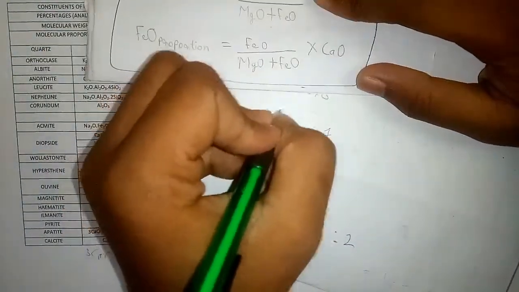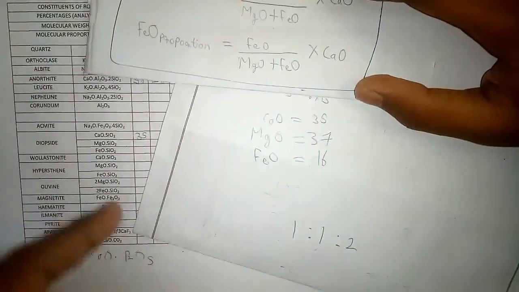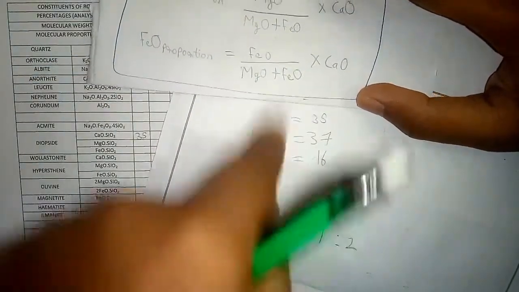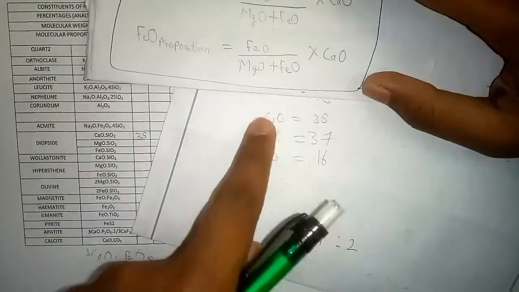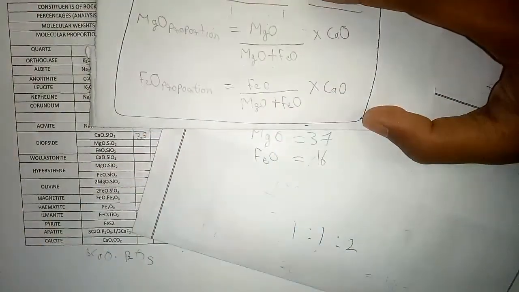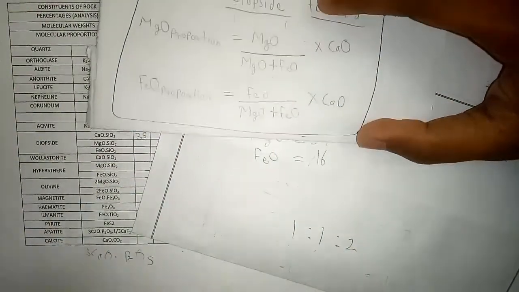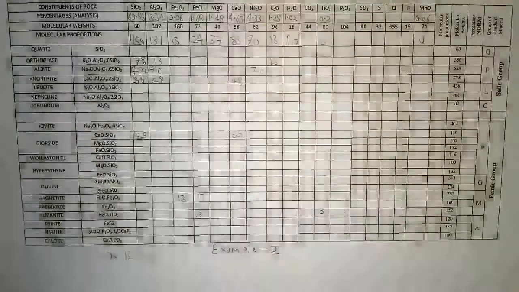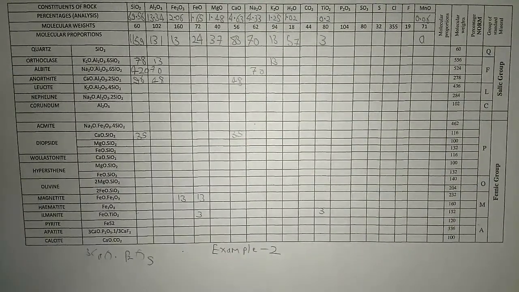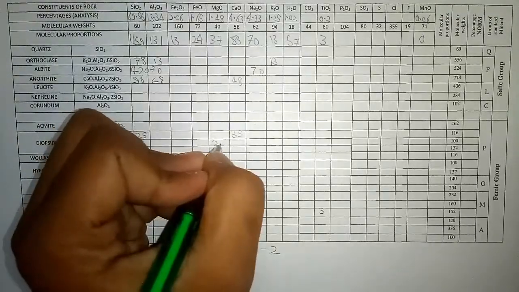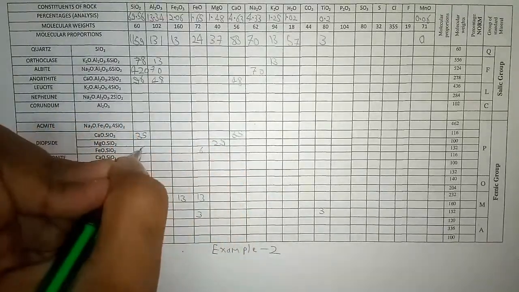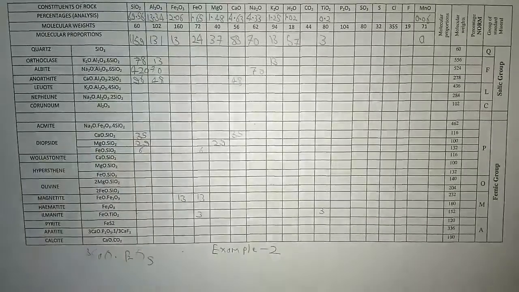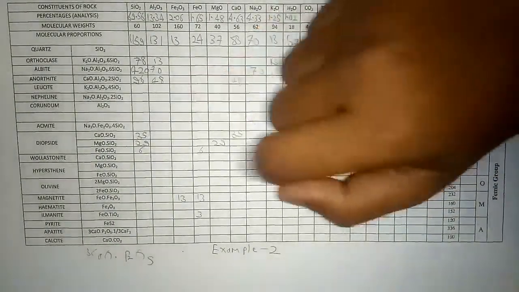So now we have the values of CaO, MgO and FeO. By applying these values in this formula, we will get the answer. I have calculated it already and I got the answer, that is 29 MgO and 6 FeO. So now we have made diopside successfully.